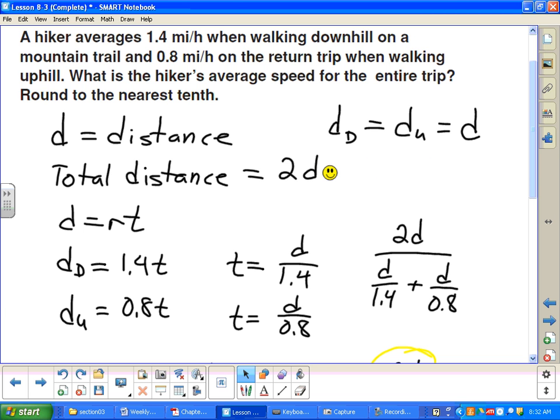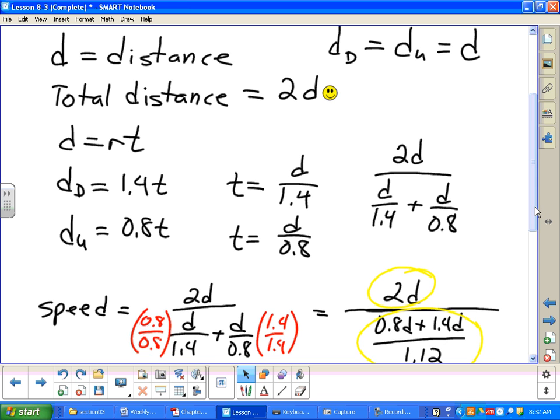Then to find the average speed, we need to look at time. So we need to find the time uphill and the time downhill. Our time downhill is represented by d divided by 1.4 because he went 1.4 miles per hour downhill. And our time uphill was represented by d over 0.8 because he went 0.8 miles per hour uphill.